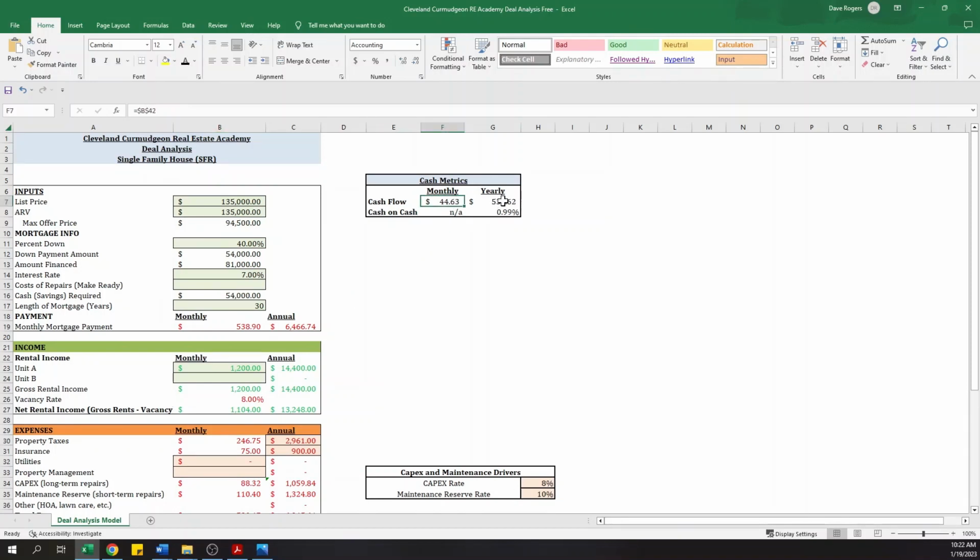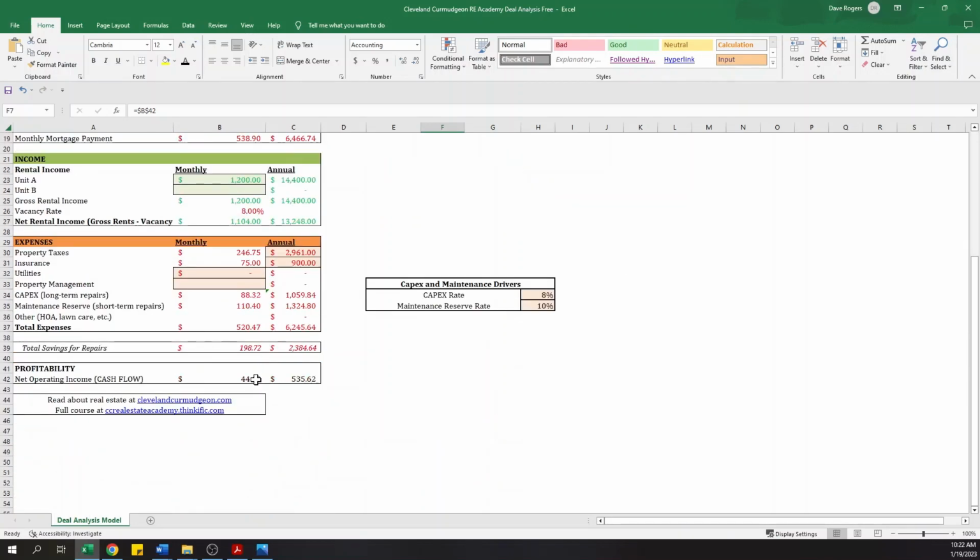And let's look at what actually is cash flow. This is just taking this cell here, and here's the subtraction, right? B27 is our rental income. We're going to subtract out our expenses, which is B37, and then we're going to subtract out our mortgage payment.